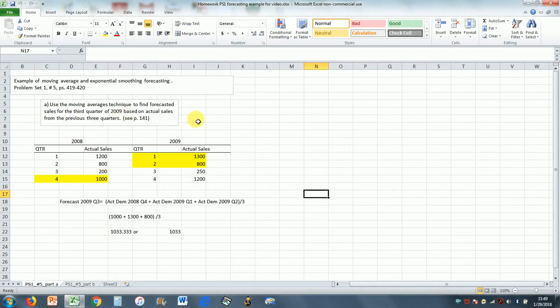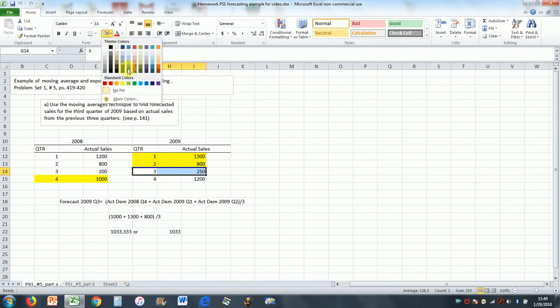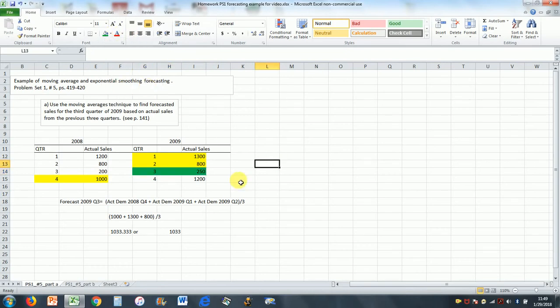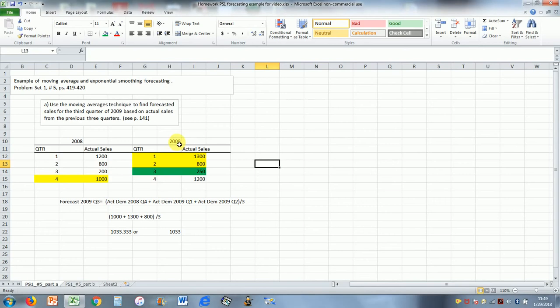So what I've done here is highlight those 3 periods that are going to be required for forecasting this particular period, which is the third quarter of 2009.